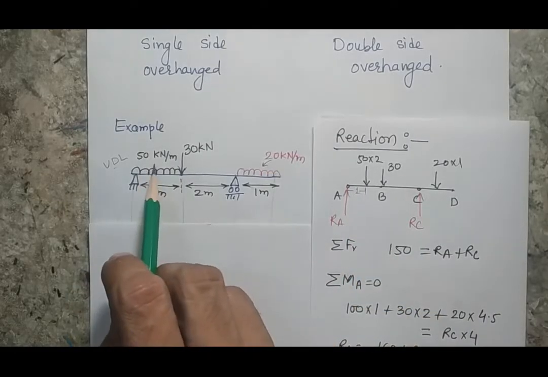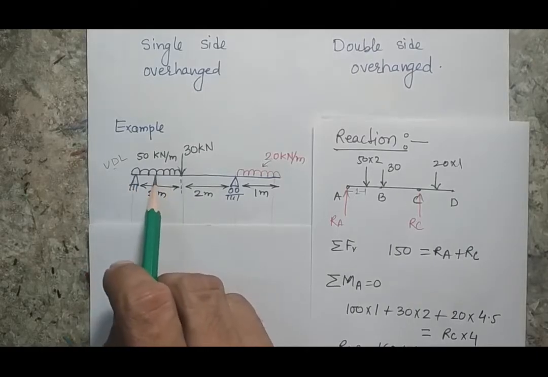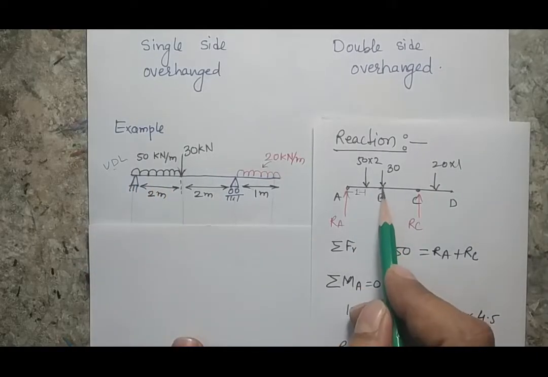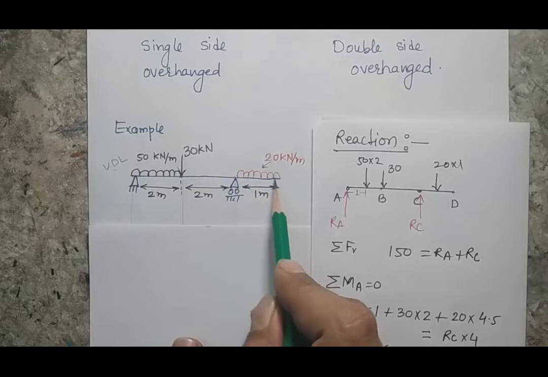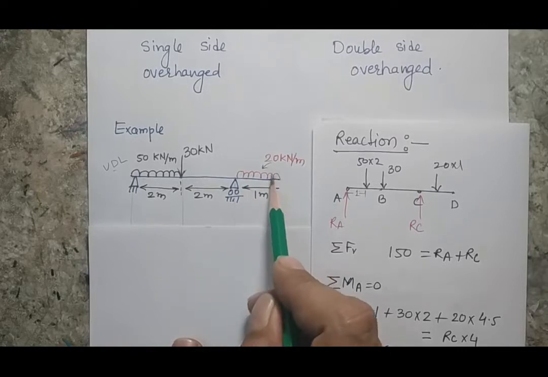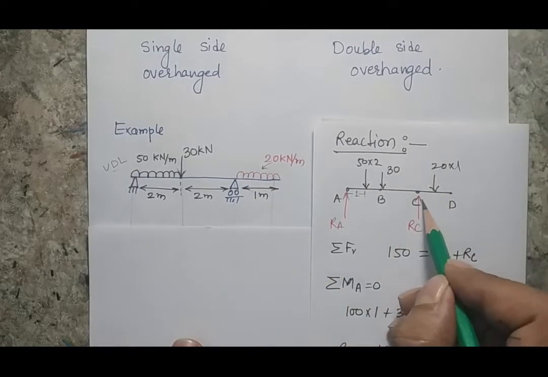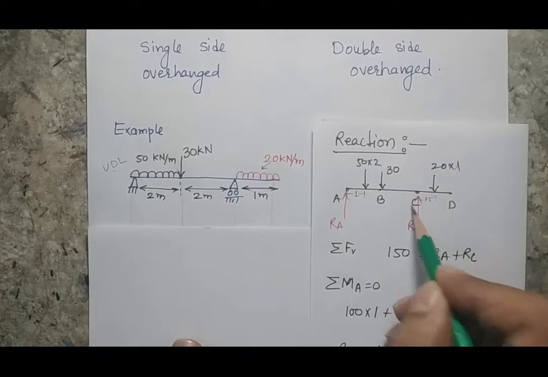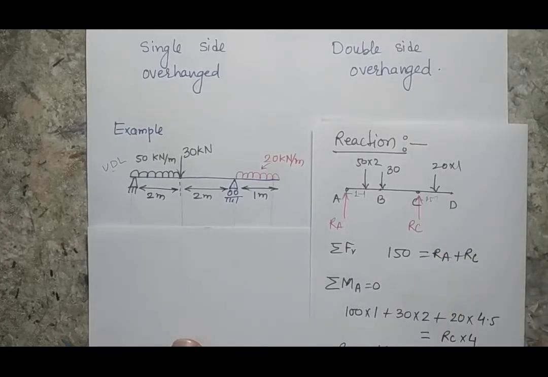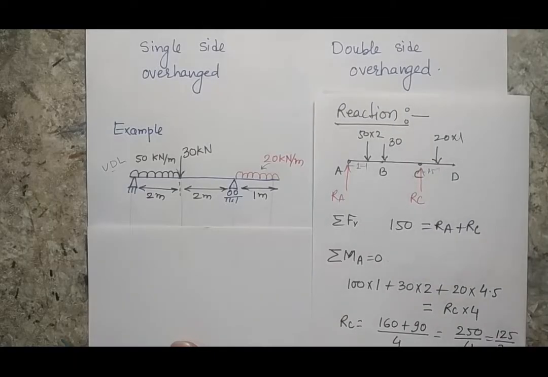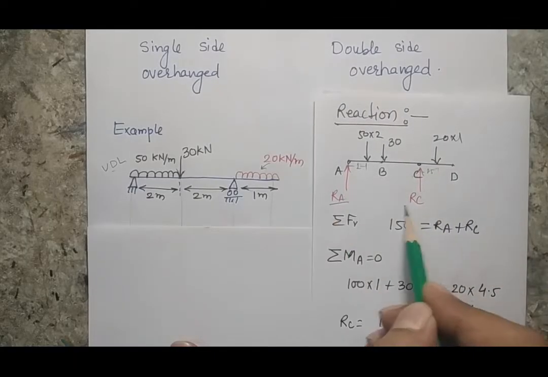It will act at the centroid of this length, so it will be at 1 meter. Now 30 will be as it is. Similarly, this is acting over a 1 meter length, so 20 into 1, and that will act at a distance of 0.5 from point C.